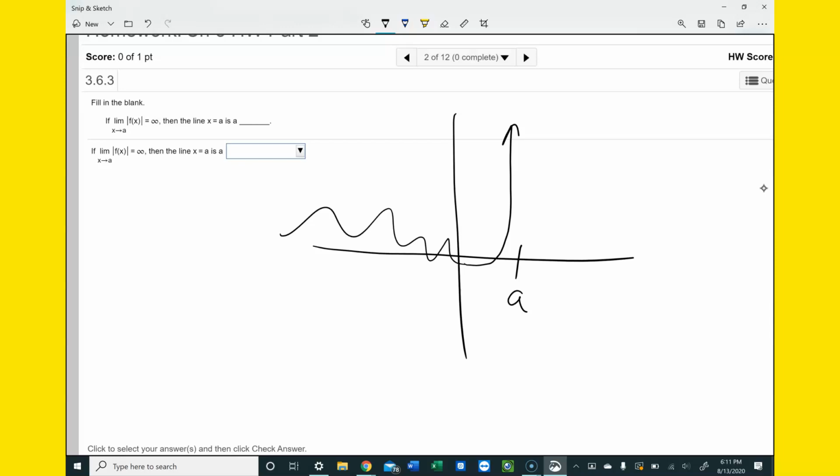Or it could also be coming from this side as well. Or it could be approaching negative infinity, because the absolute value of negative infinity is still positive infinity, so that still fits this description. So the line x equals a is this line right here.